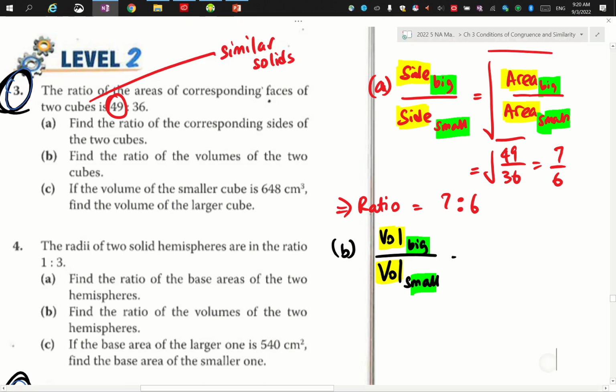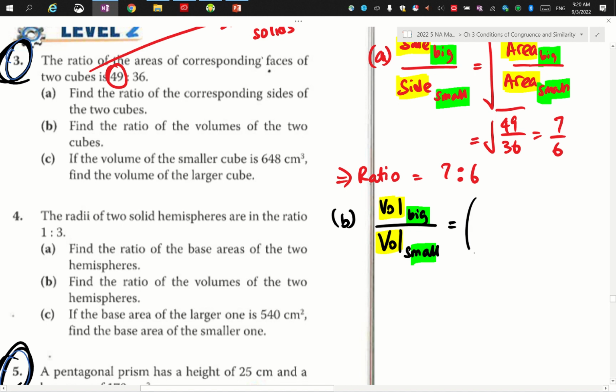Carry on. So volume is now the cube of the ratio of the sides. So this is the side big divided by the side small. Okay, we could have skipped this step. You can just substitute in the values. Okay, move this side big to side small. 7 over 6.